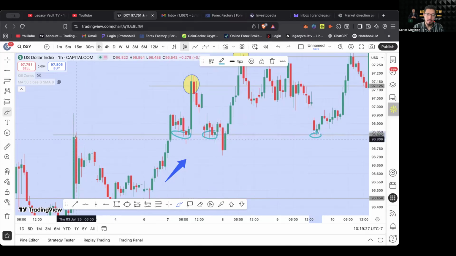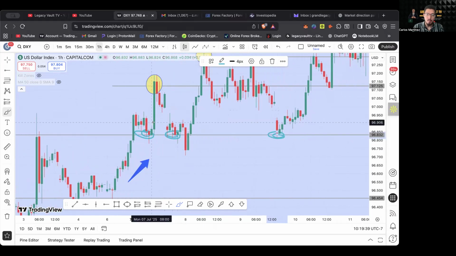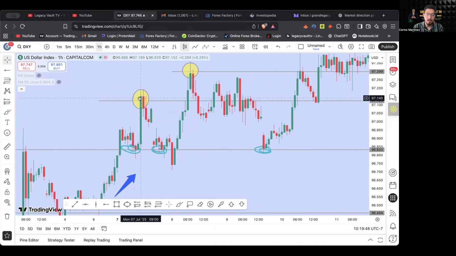So price broke above this resistance and created a support. Now it went from resistance to support on an uptrend, broke and went above, and created a new higher high here.